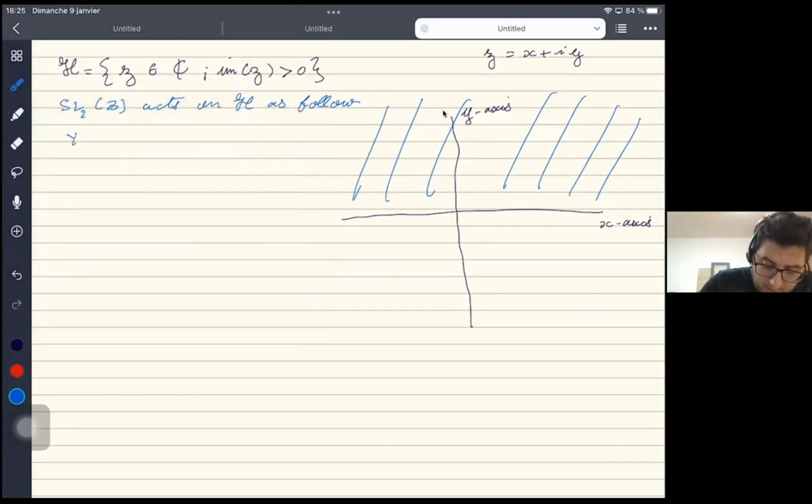If you take gamma, (A, B, C, D), and z in H, then you act as follows: gamma z will be (Az plus B) over (Cz plus D).